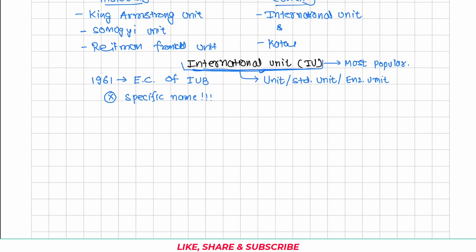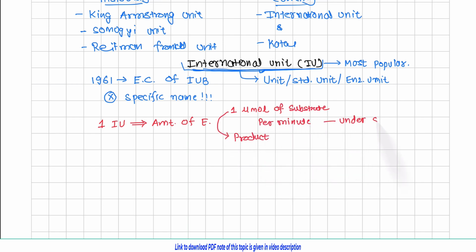So what is the definition of international unit? One international unit is the amount of enzyme that catalyzes the transformation of 1 micromole of substrate to product per minute under standard conditions.